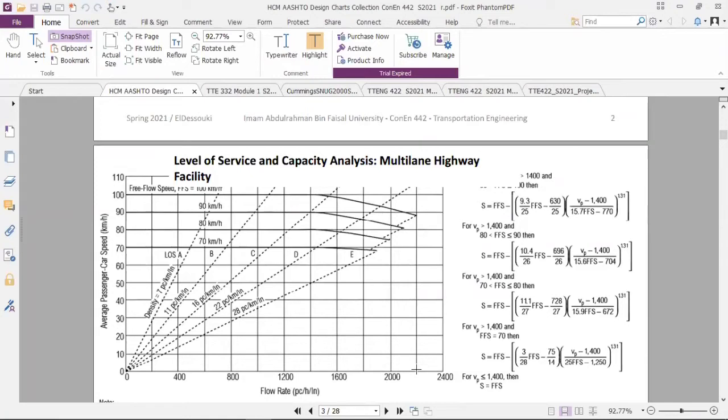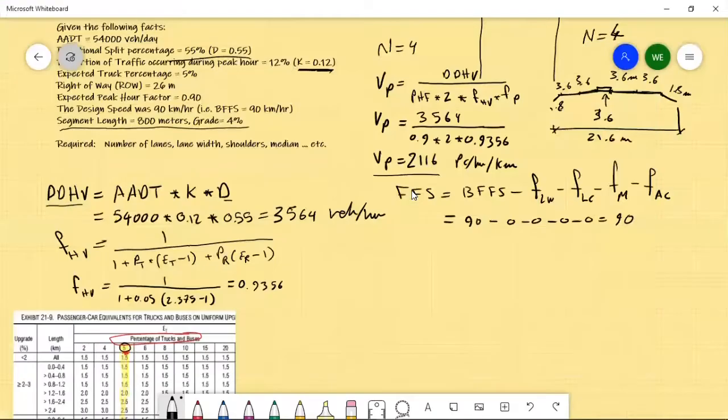Without going any further, we are far from C. That's the C, and that's where the volume is. So what does this mean? This means that this design is much higher than level of service C.